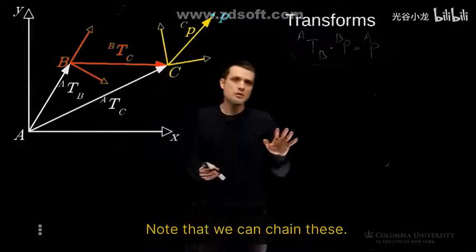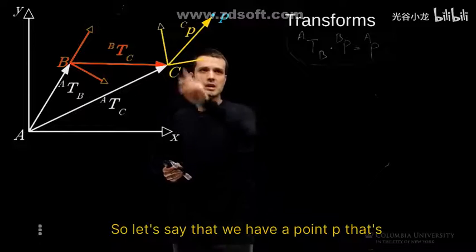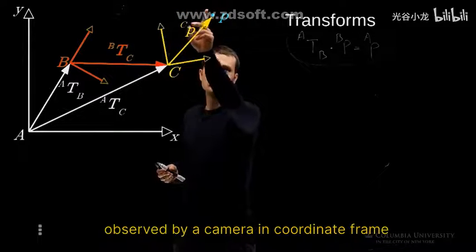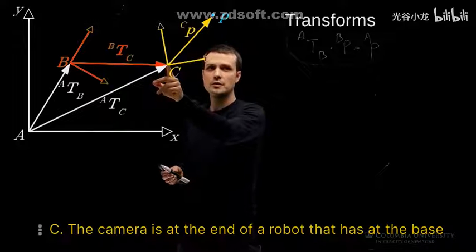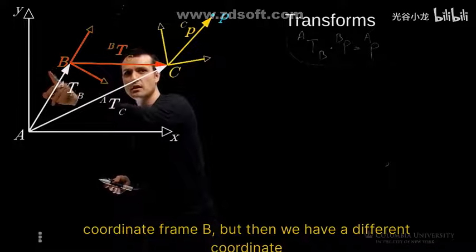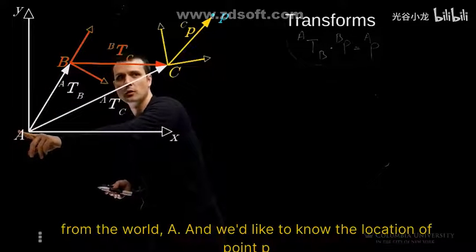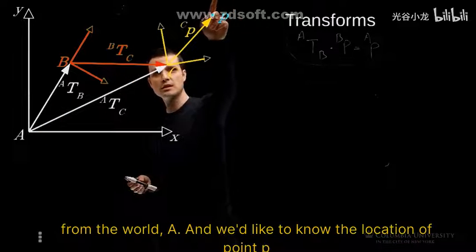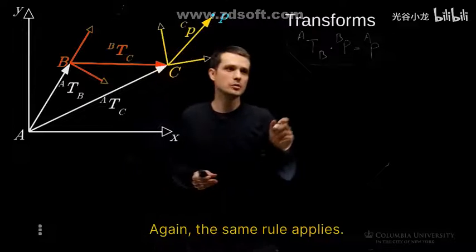Note that we can chain these. So let's say that we have a point P that's observed by a camera in coordinate frame C. The camera is at the end of a robot that has at the base coordinate frame B, but then we have a different coordinate frame for the world, A. And we'd like to know the location of point P with respect to coordinate frame A. Again, the same rule applies.